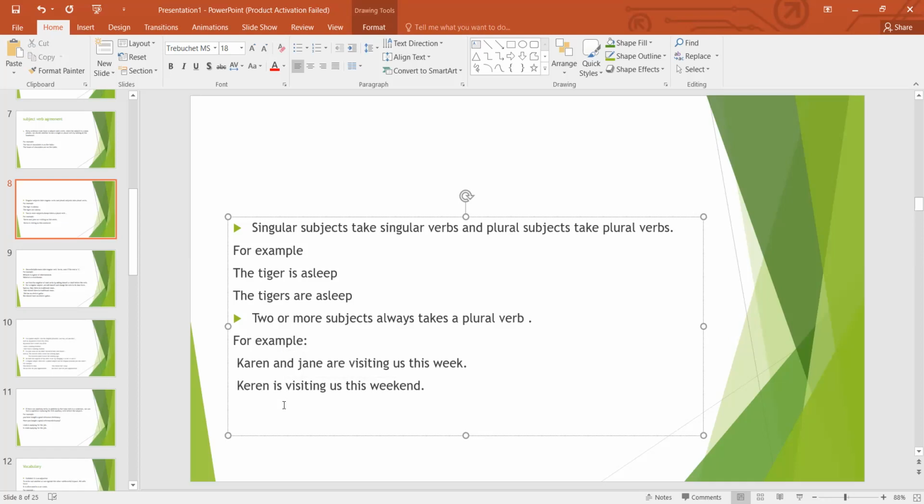All right? This is very simple. And remember this while you are writing any essays or speaking. This is very useful for speaking and writing. So next, let's move to the next slide.